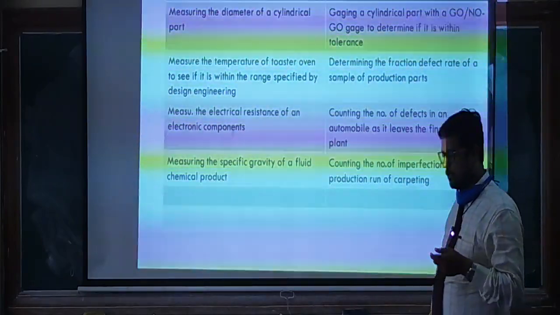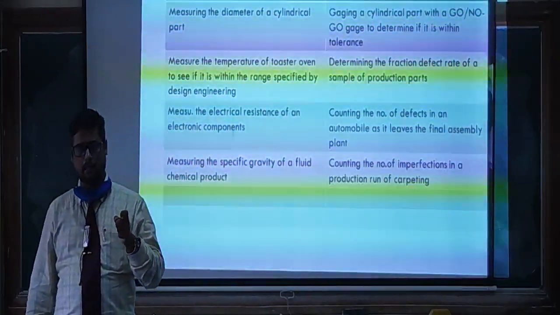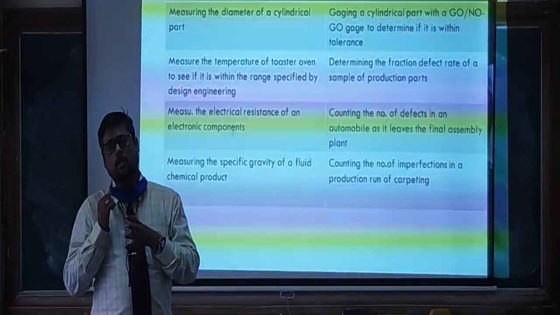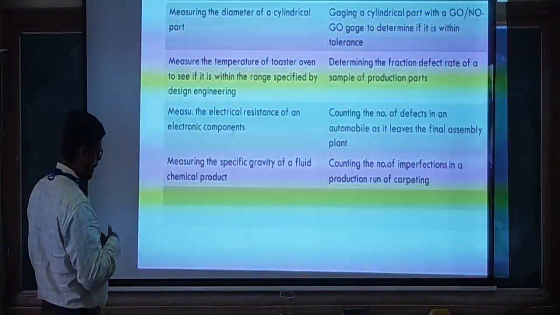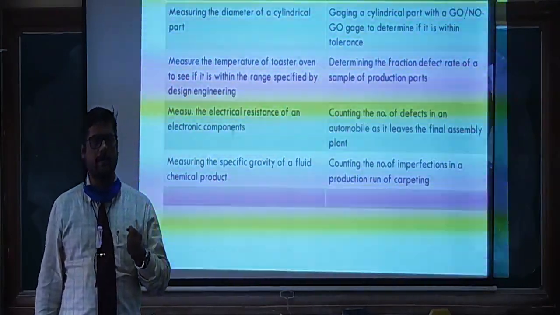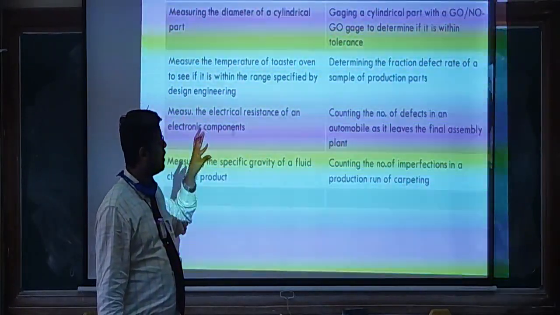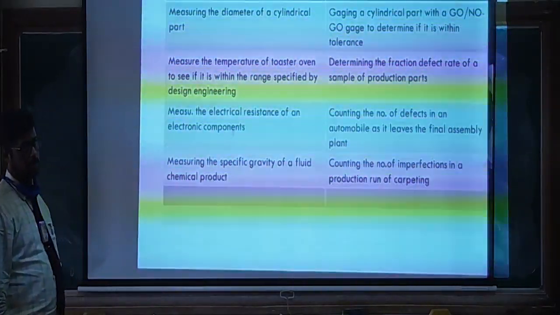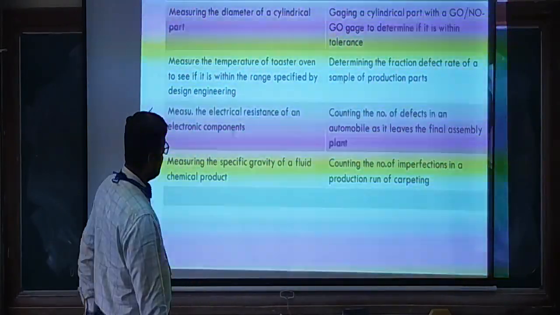They check the OD, outside diameter, of the part with snap gauges, and for the inside diameter they use the ring gauge. They also use the bore dial gauge to check whether the diameter is within the tolerance or not. These go and no-go gauges are used for inspection. This comes under the inspection of attributes, gauging of a cylindrical part. If it is a hollow part, then for the ID they use the ring gauge.